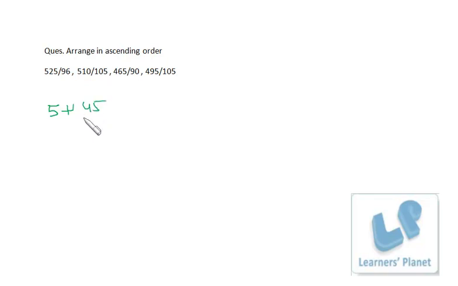So it is 5 plus 45 by 96. Okay, then this number, 105 into 4 will be 420. So this is 4 plus 90 by 105. Then this is 90 into 5 is 450. So 5 plus 15 by 90, that is 1 by 6.